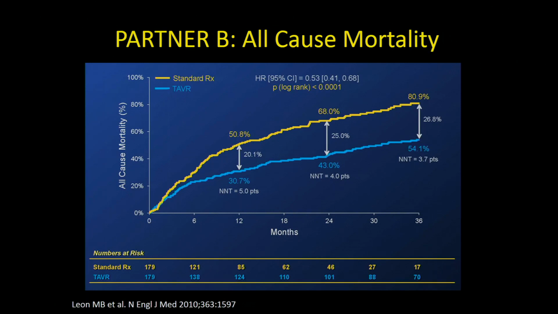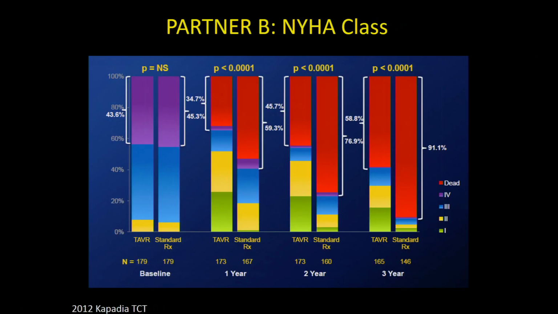There's almost no medicines that we give or any other procedures that have this kind of huge effect on the patient population. What we saw in addition is not just that patients were living longer, but they also had an improvement in their heart failure symptoms and other symptoms. For this graph, if you compare these bars, the pair closest to me, these are NYHA class, or severity of heart failure, before the patient was treated.